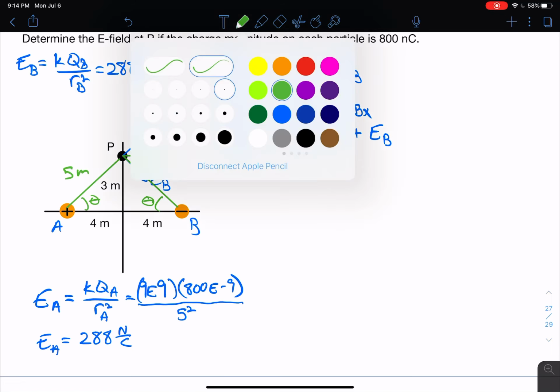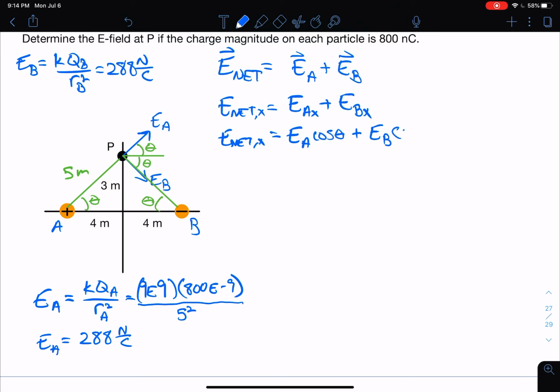So consequently, that is also going to be cosine of theta. And in both cases, I know the electric fields are 288. And the cosine in both cases is going to be adjacent over hypotenuse. The adjacent is 4, the hypotenuse is 5.